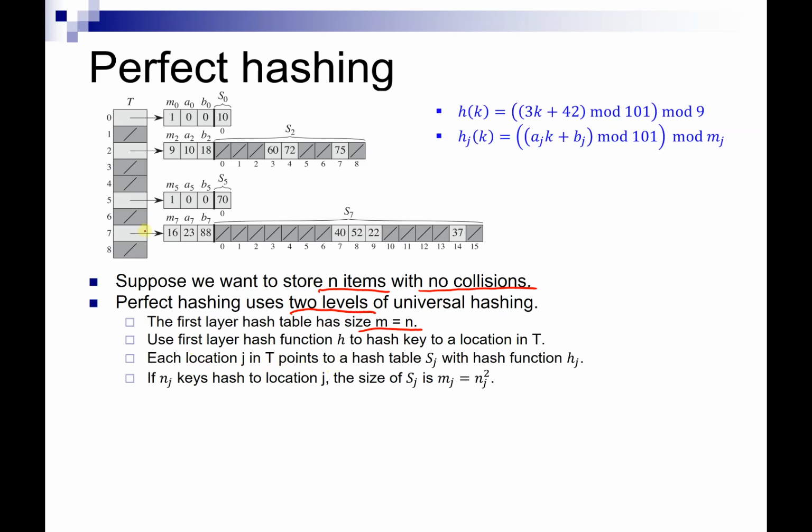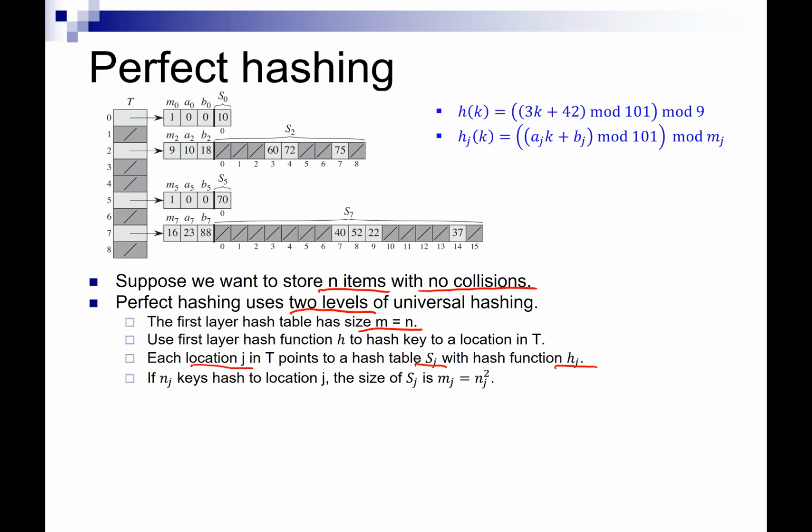We're going to have a hash table at each one of these locations in the first layer hash table, and for each of these second layer hash tables, we're going to use a different hash function. At location j, the hash table is going to be called s of j, and the hash function that we're going to use at that location is going to be called h of j.